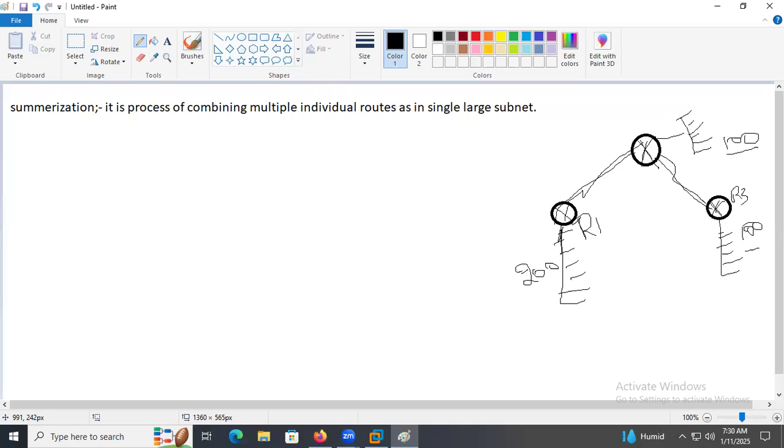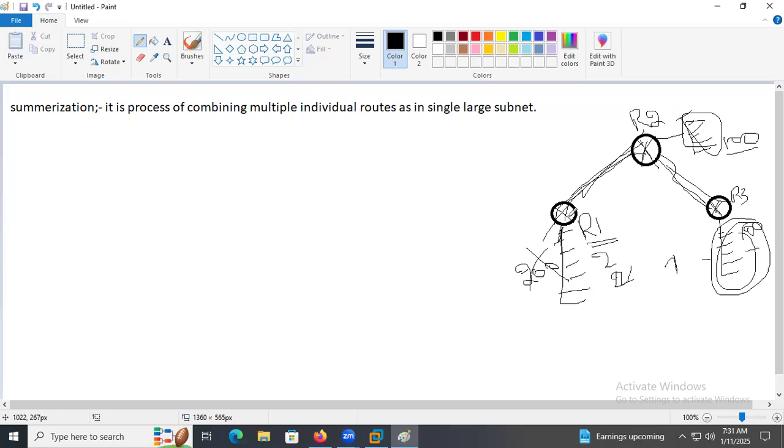So in that scenario, what we can do is router 2 and router 3 can summarize. Router 3 is going to summarize all these 100 routes as a single route. Router 2 also can summarize all the 100 routes as a single route. Instead of 200, once they do summarization, router 1 will receive just 2 routes.